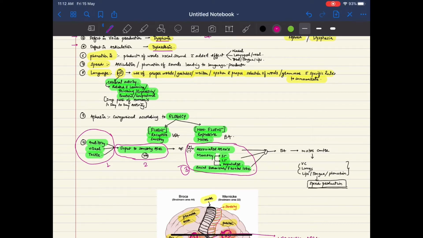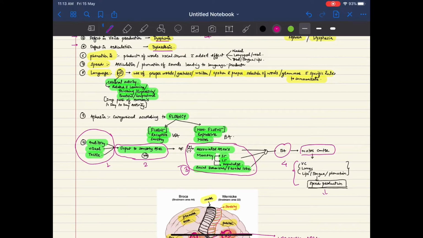Then it will go to Broca's. And after the Broca's, the motor center will get stimulated, okay, and it will stimulate other parts or organs of your body, and that will help in speech production. That is how speech basically is produced in every human. And this is the rough idea.